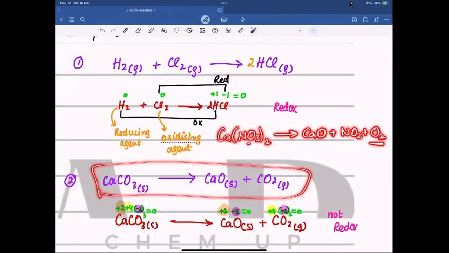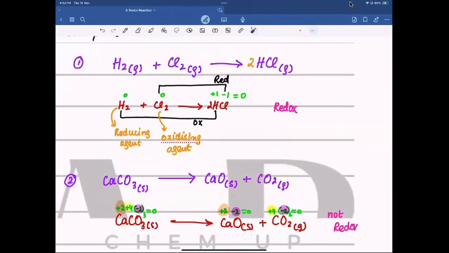And here it is part of a compound, so its oxidation number has for sure changed. If the oxidation number is changed, it means it's a redox. So you don't need to work on the oxidation numbers. If you find an element on one side and that element becomes part of a compound on the other side, then that kind of reaction is always a redox reaction.